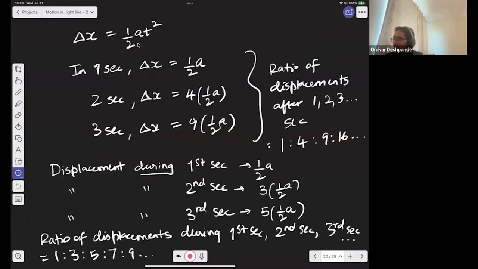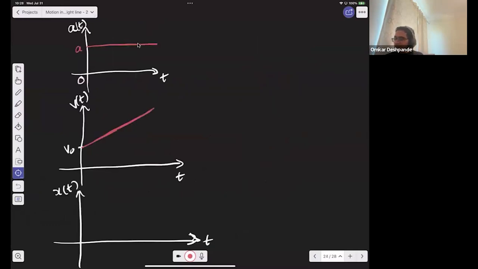So let's say acceleration is positive here, so maybe the particle starts from x0 here, and its graph might, so velocity is increasing with respect to time.